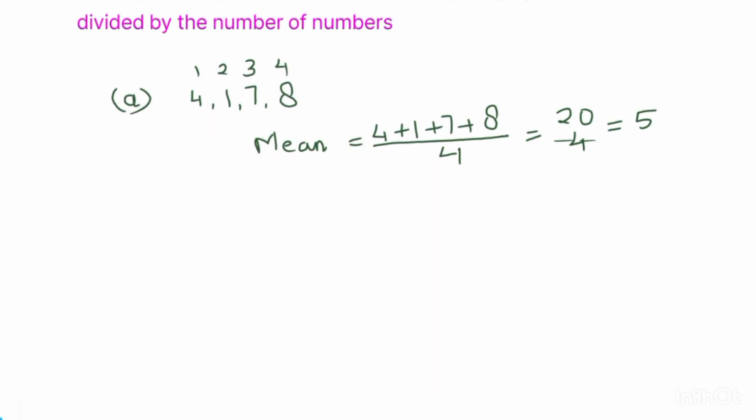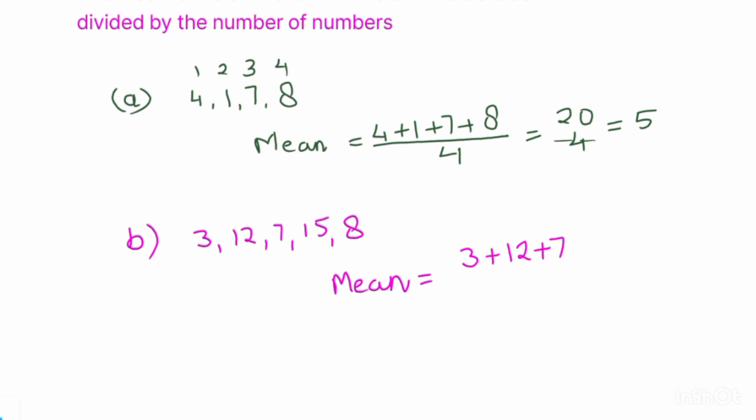Let us take another question. We have the data set 3, 12, 7, 15 and 8 and we have to find out the mean of this data set. So mean will be the sum of all numbers, that is 3 plus 12 plus 7 plus 15 plus 8, divided by the number of numbers.